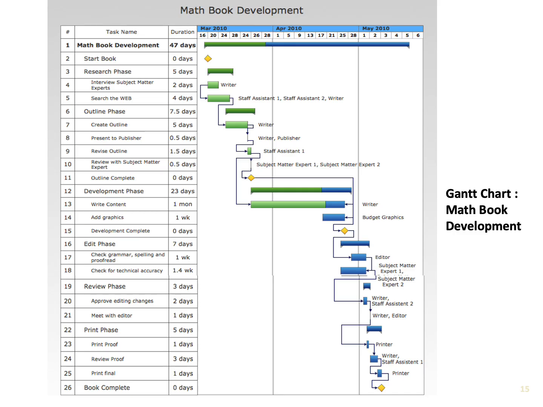This is an example of a Gantt chart. This Gantt chart is about maths book development. You can see over here that there are tasks and also the duration of each. Like the first one, research phase, 5 days. In the chart part, it would take 5 days over here, the one in green.